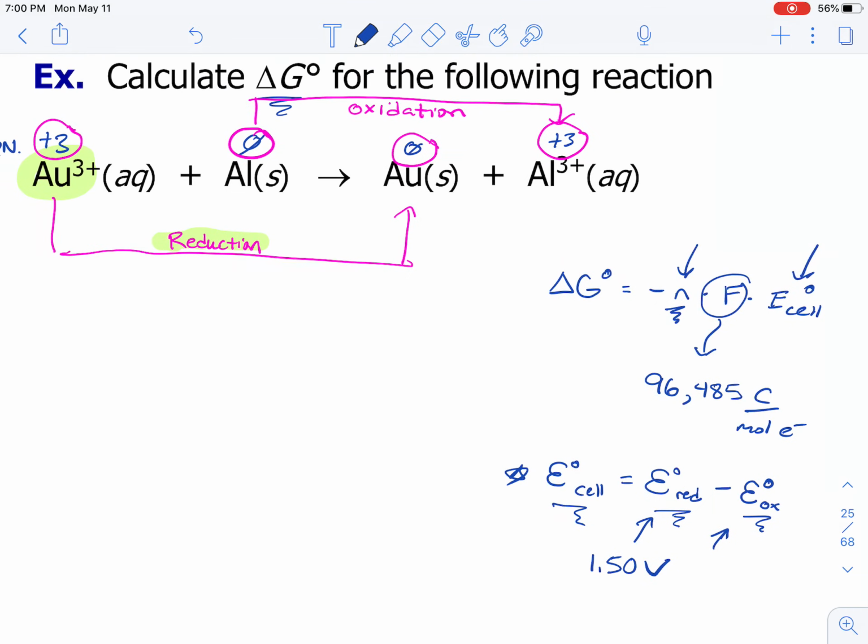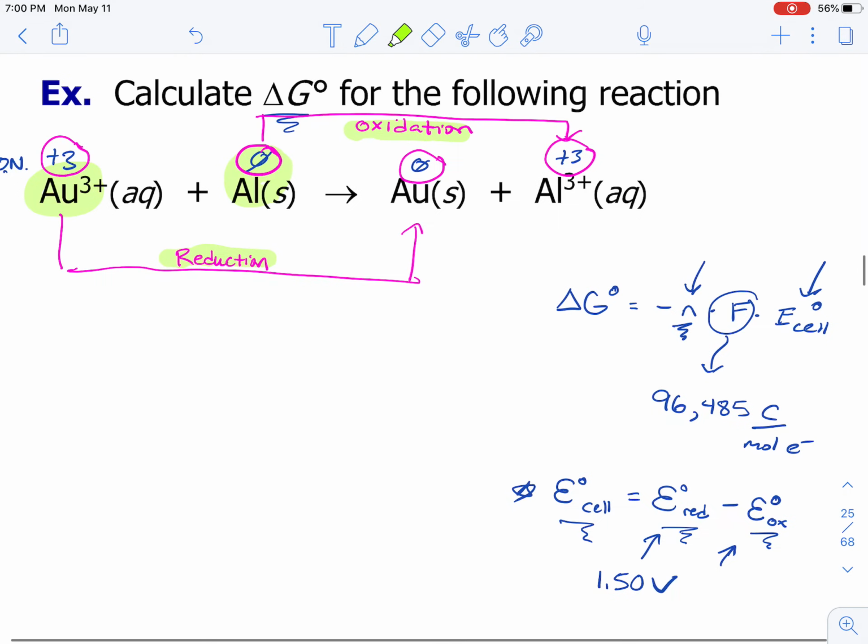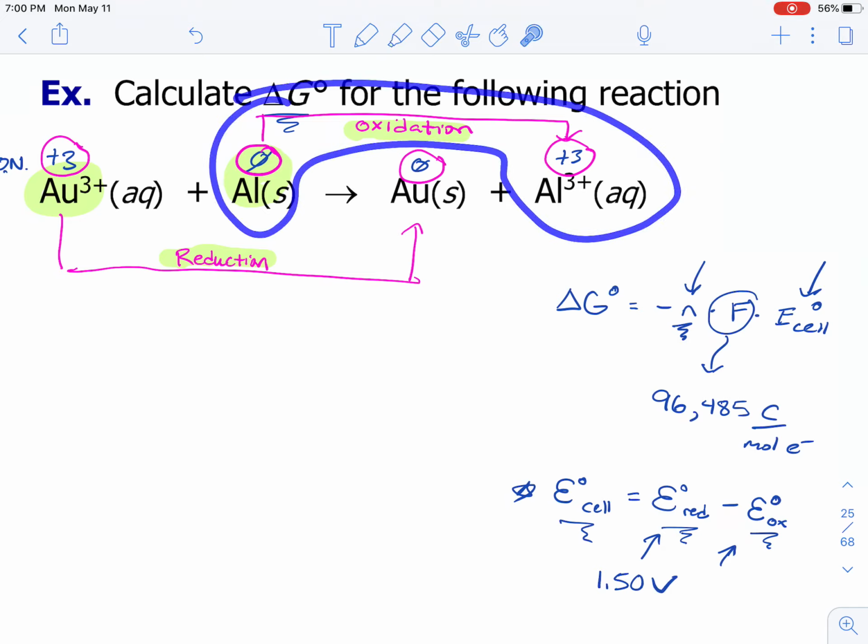And so that lets me know that, well, let me take a step back. That lets me know that aluminum solid is undergoing oxidation. And so what I want to look for when I'm using this reference sheet is simply the reverse of what I'm seeing here, right?